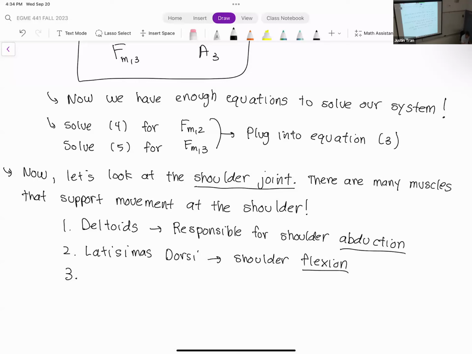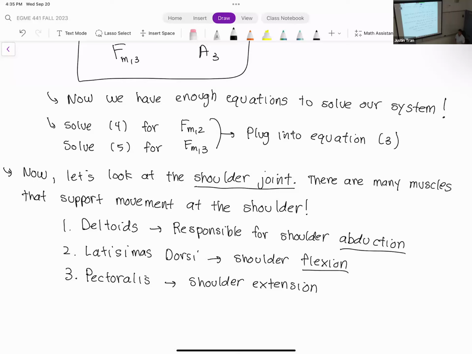And then there are others, but we'll do the opposite of the latissimus dorsi, which is your pectoralis, which is responsible for shoulder extension. Okay.